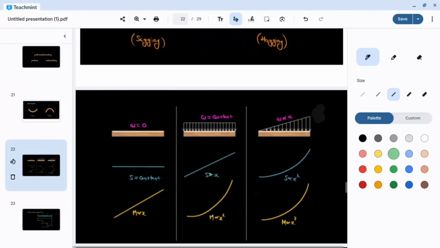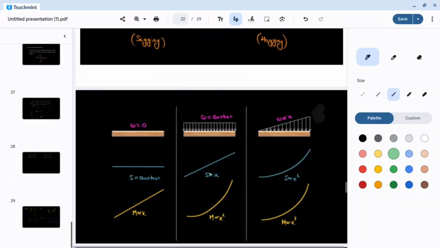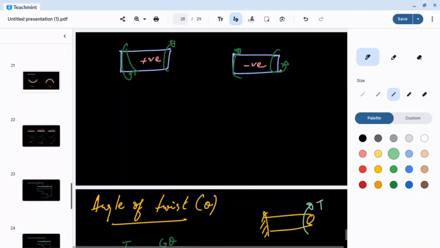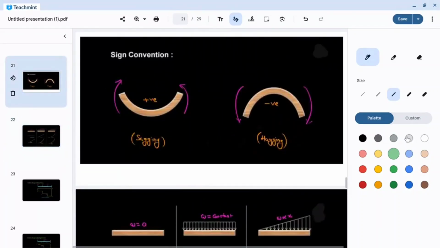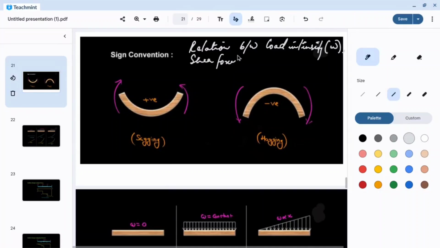There is some relation between load intensity W, shear force, and bending moment.